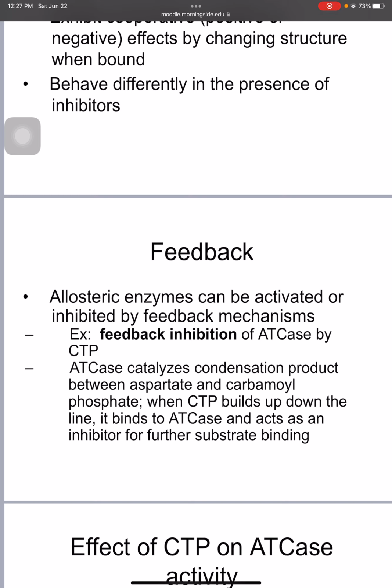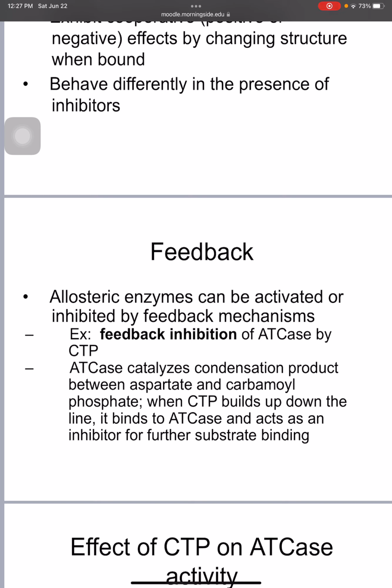Basically, it promotes the reaction of these two compounds, and then the product that's made can keep on going down the assembly line until you ultimately make CTP and UTP, which are then used further on for building of nucleic acids.